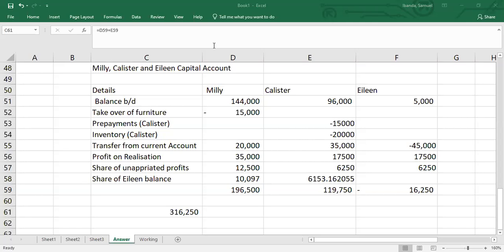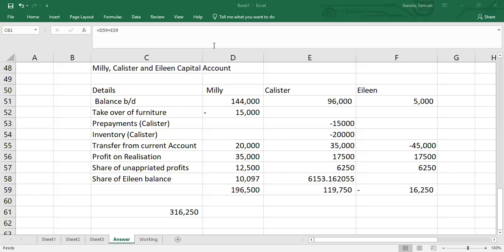Just unmute your microphone. I thought that Calista and Millie should share Ellen's loss by the original ratio of 2:1.